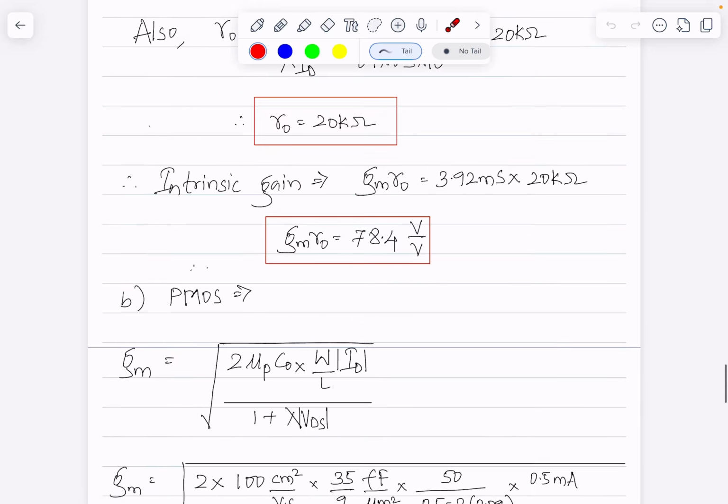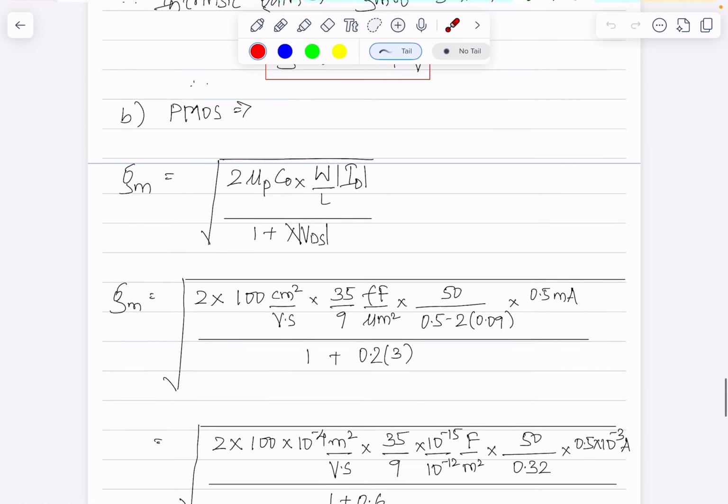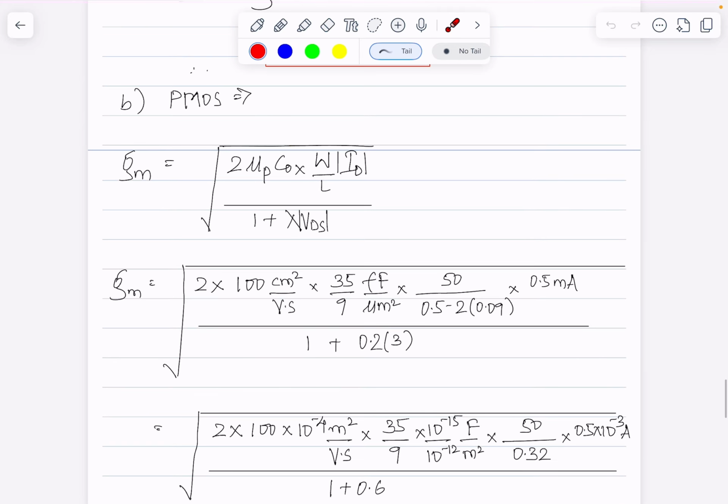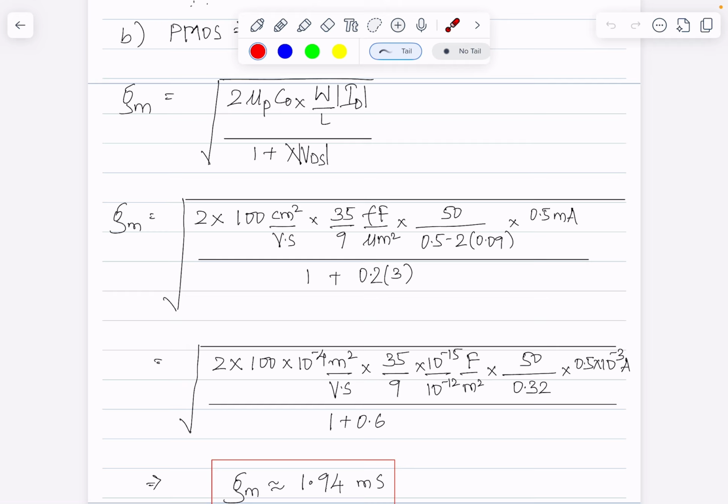Alright. Now similarly, going ahead and calculating for PMOS, we have GM equals square root of 2 mu P CMOS W over L times ID, whole divided by 1 plus lambda mod VDS. So substituting the values, we have square root of 2 times mu P for PMOS, which is 100 centimeter square per volt second. CMOS again is 35 over TOX.